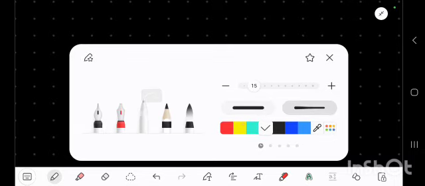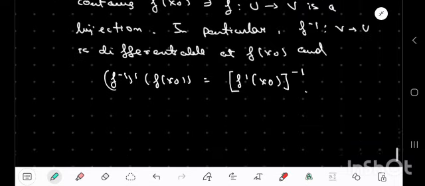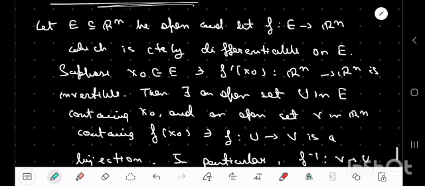So let's continue the proof of the inverse function theorem. Let us first recall the statement for completeness.